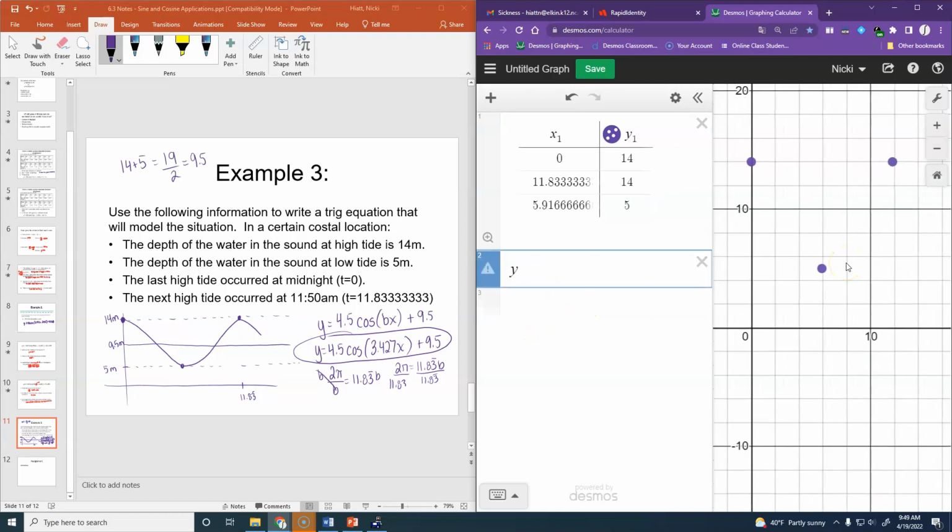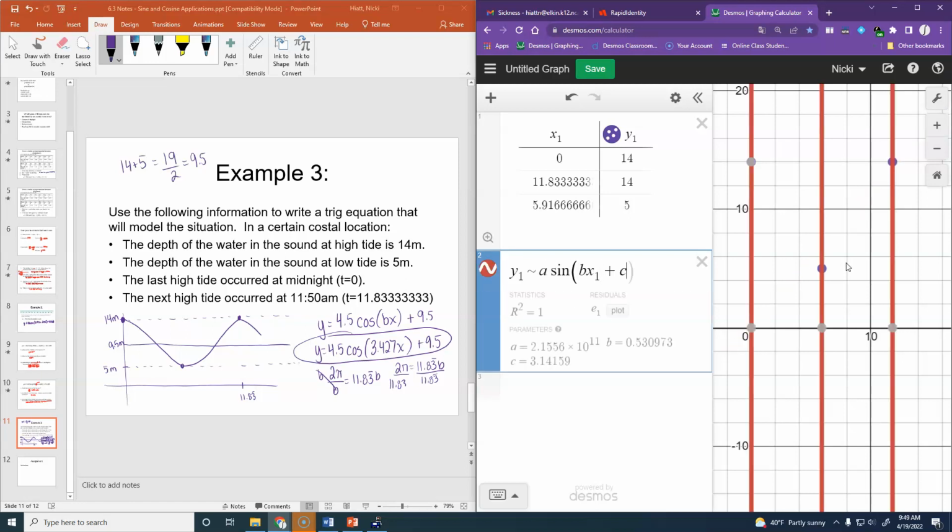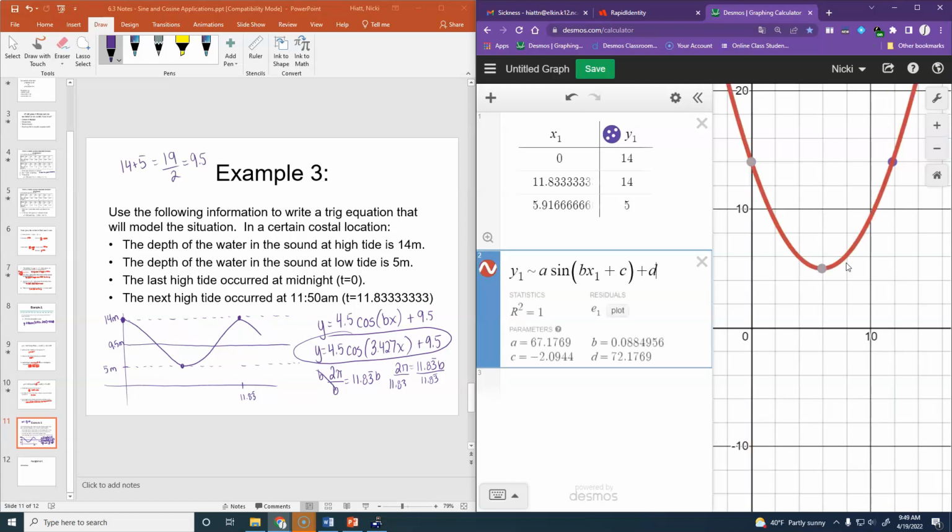So y1 squiggle a sine b x1 plus c plus d. No. See what it does here. Even if we add in other points, it tries to make that a minimum point. It doesn't recognize that that is repeated. So you'd have to add in more points for this.